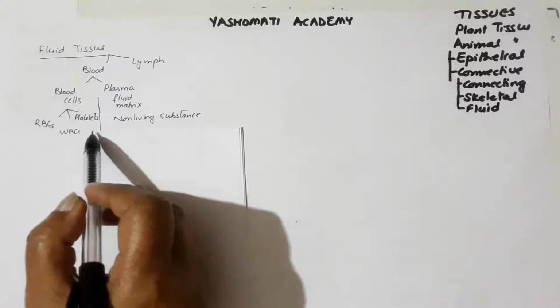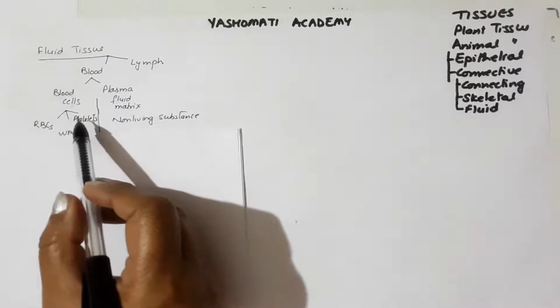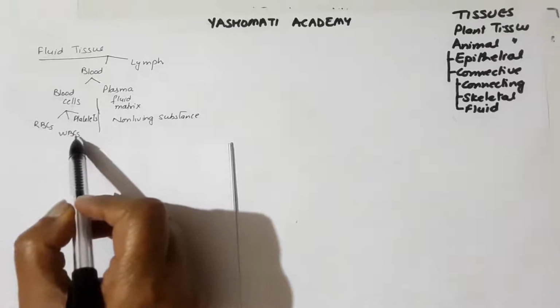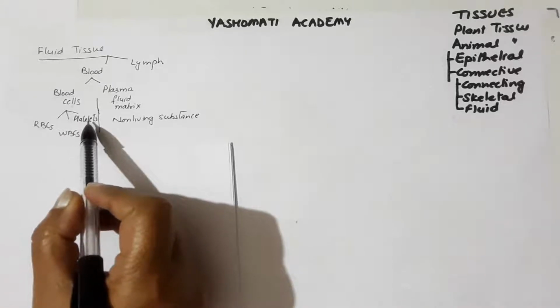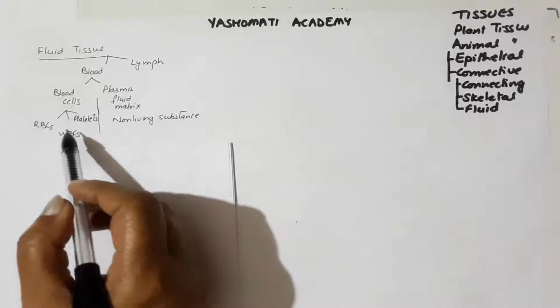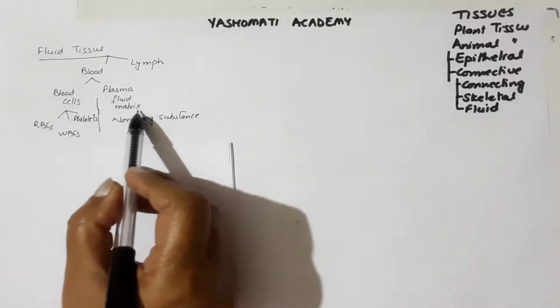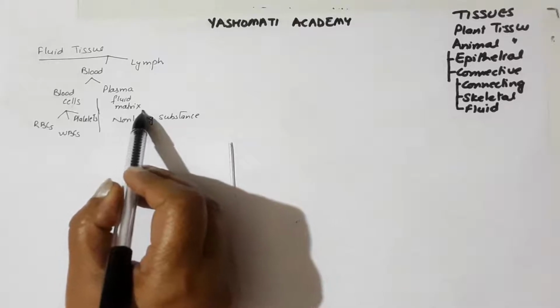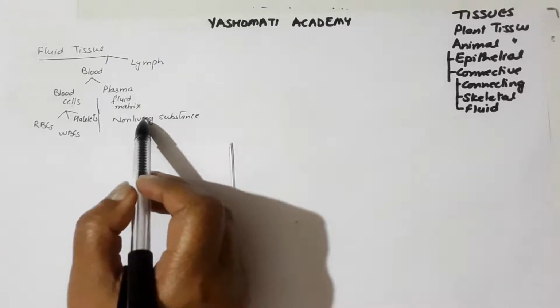We all know that blood cells are of three different types: RBCs, WBCs and platelets. These cells float in the non-living substance which is called the fluid matrix or plasma.